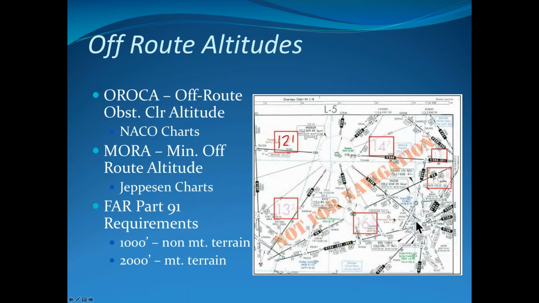What that's telling us is in that grid, in that box, the minimum obstacle clearance altitude, meaning that if you were to fly at this 12.1 altitude, you would clear all obstacles in that entire grid there. So 12.1, 12,100 feet. You would clear every obstacle in that box. 14.7 here, you see 15.1 here, 16.3 down here, 13.3 in this box here.